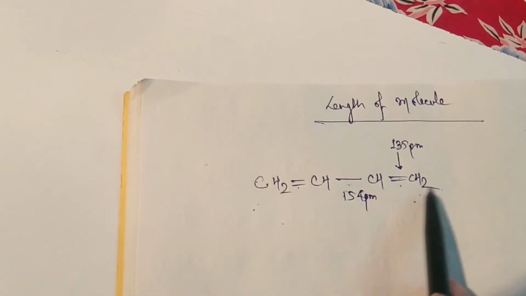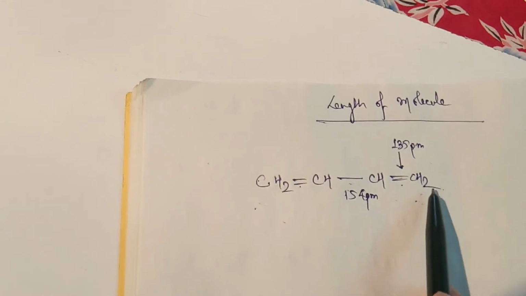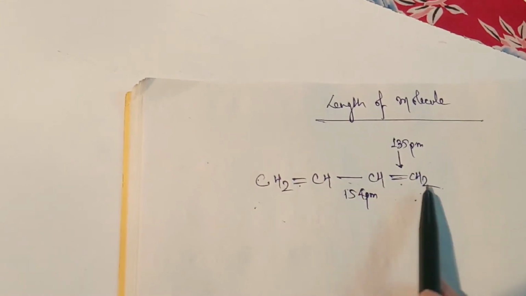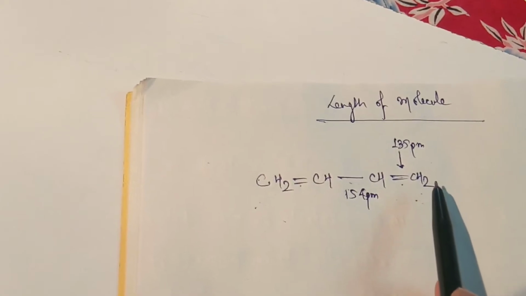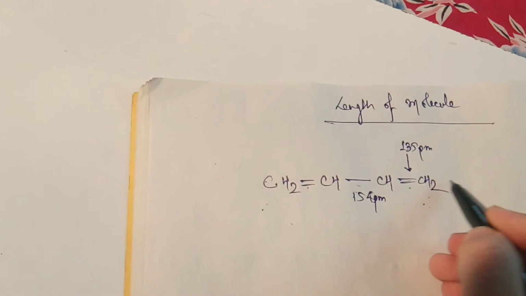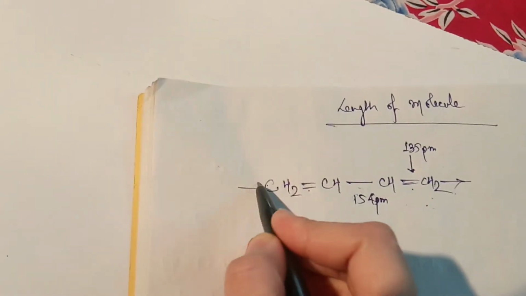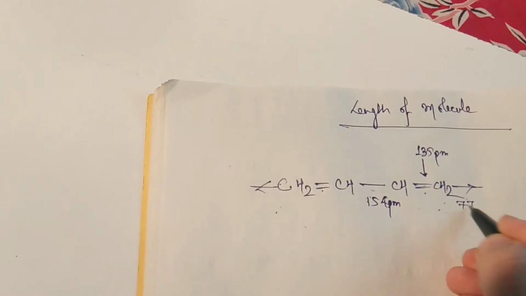Because it is believed that the molecule may get stretched all the time because of vibrational energy, and the stretching is about half of the length of the single bond, which is 77 picometer. So it is further extended on both sides by 77 picometer.